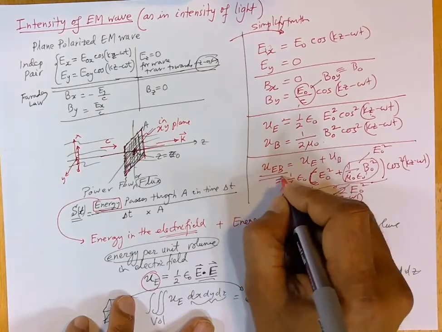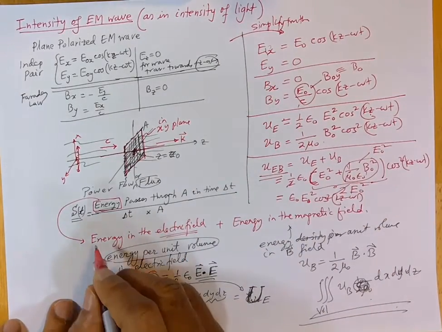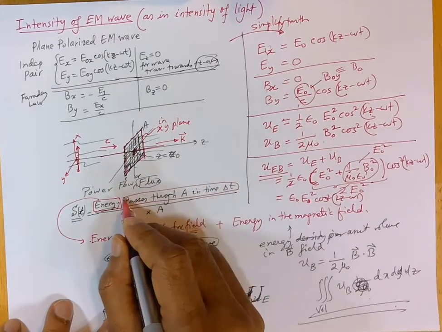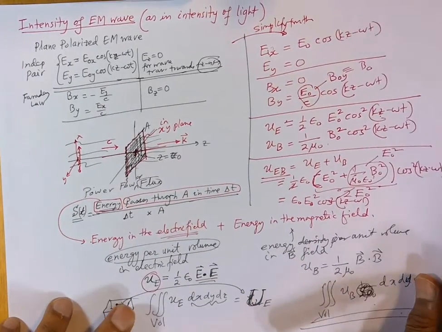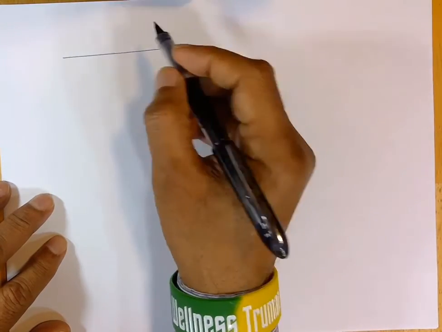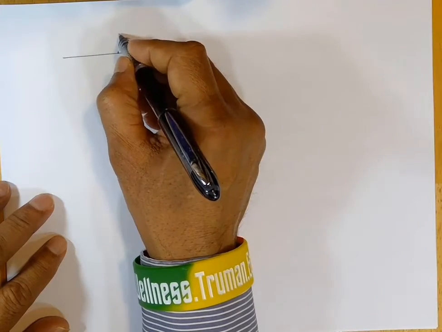So I got the total energy, but I want to know how much will pass through in time delta t. So let me get another piece of paper. We want to find how much will pass through it. Here is the z-axis.